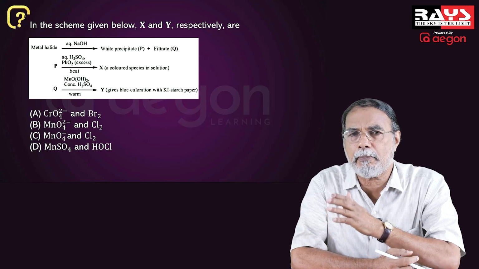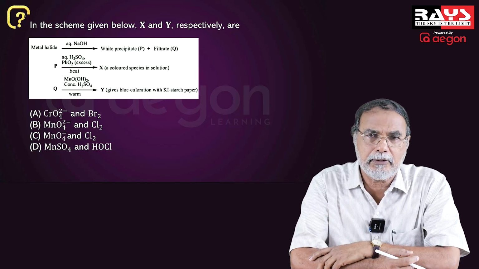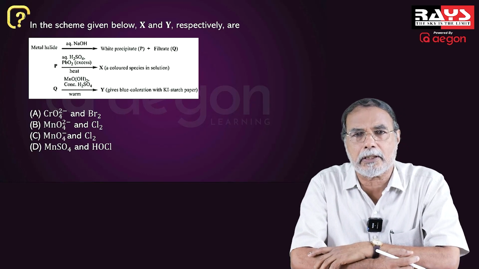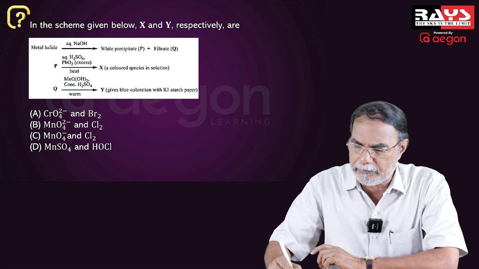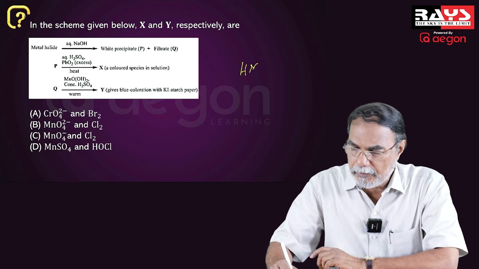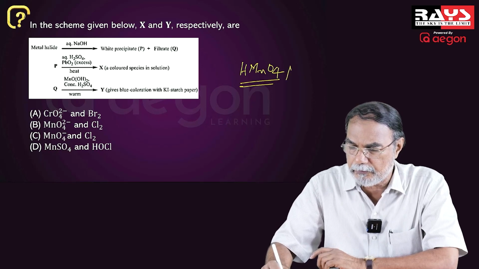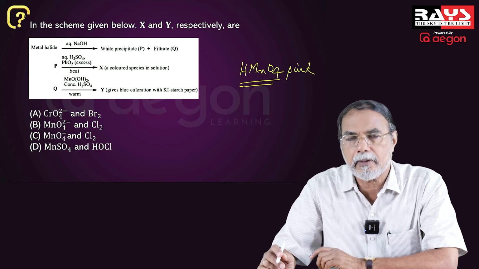It is the permanganic acid test for manganese ions. So X is permanganic acid, that is HMnO4, which is a pink solution.